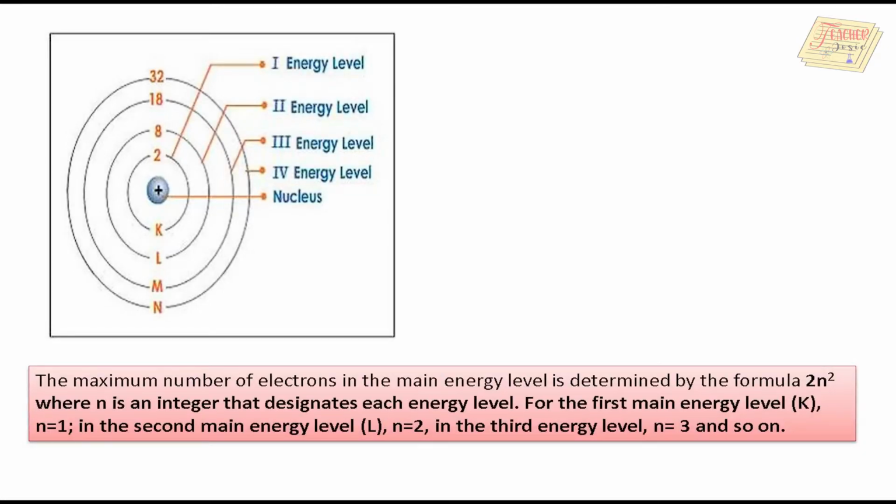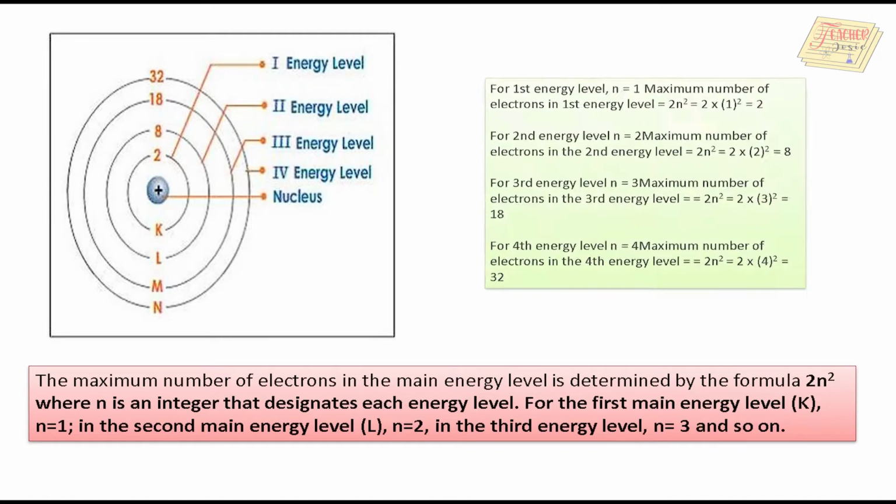The maximum number of electrons in the main energy level is determined by the formula 2n squared, where n is an integer that designates each energy level. For the first main energy level, K or n=1, in the second main energy level, L or n=2, in the third energy level, n equals 3, and so on.